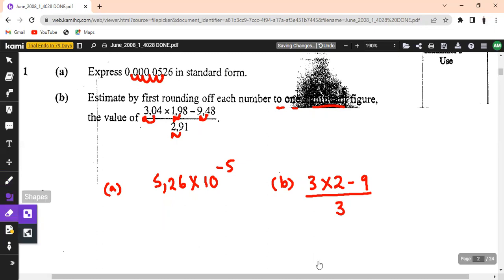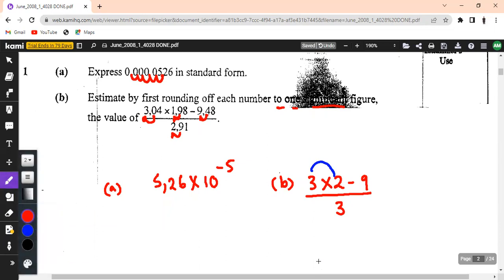Whenever you're dealing with calculations, make sure that the BODMAS part is involved. In this case here, we are multiplying the 3 and the 2, which means we have to multiply these first, which is going to obtain 6. So this is going to give us 6 minus 9, everything over 3. So 6 minus 9, which is negative 3 over 3, and this will give us a negative 1.